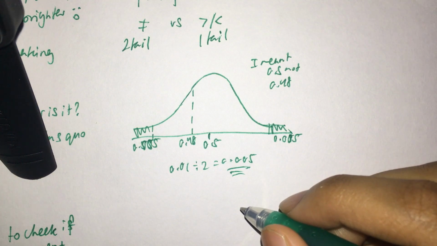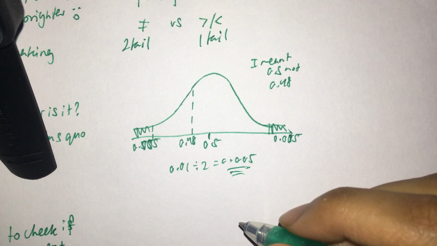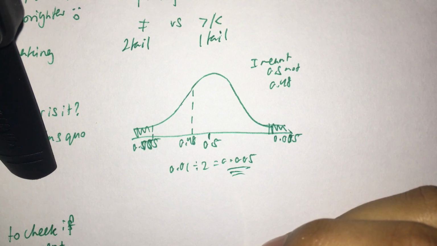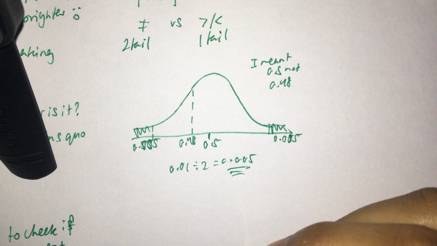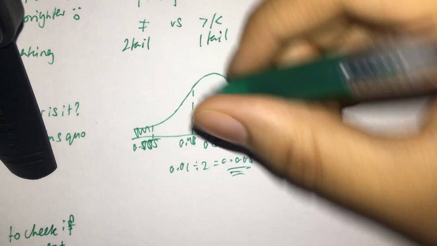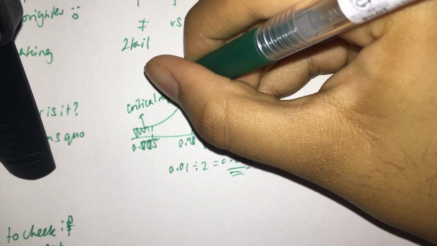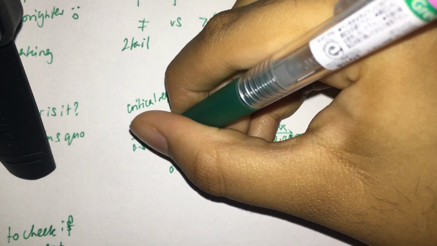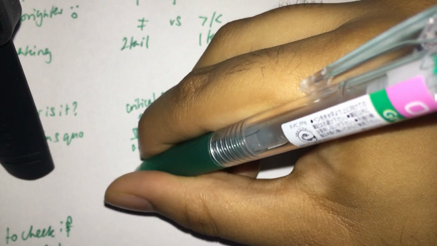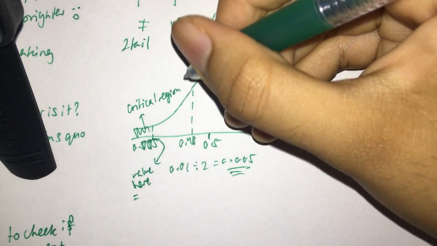So how does it work in a numerical sense? Because you're not going to be drawing the bell curve for each and every hypothesis testing question that you see. So from the visual sense, the area that the level of significance covers is called the critical region, and the value that you get when you drop a vertical down at the end of the area, the numerical value, because usually it's not a standard normal distribution, it will be something like the mean 0.5.